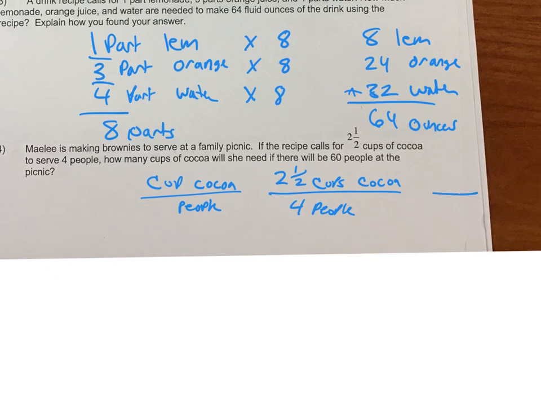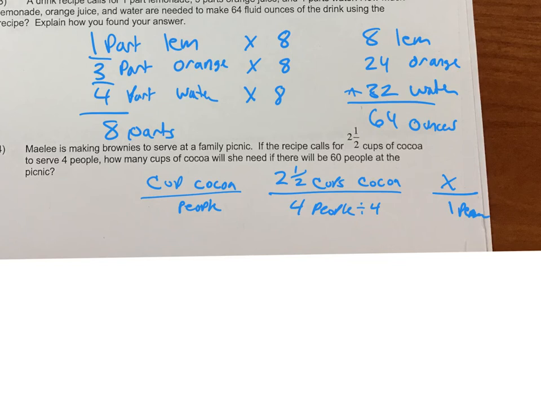How much is 1 person? And then we don't know this, x. So how do we get from 4 to 1? Divide by 4.